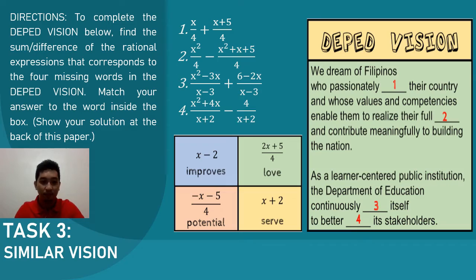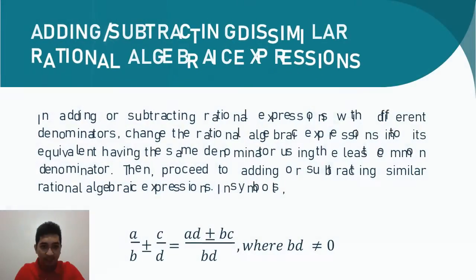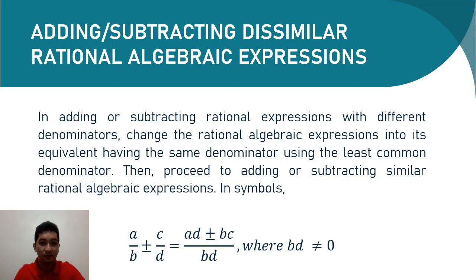Let's go with adding or subtracting dissimilar rational algebraic expressions. So, with this time, dissimilar rational algebraic expression naman. When we say dissimilar, we don't have a common denominator. The denominators are not the same.